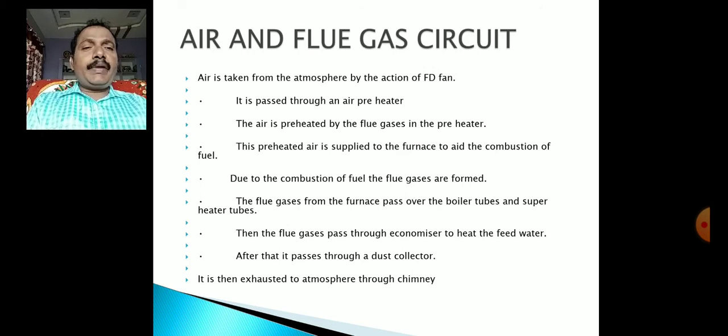So how is it preheated? With the help of flue gases that are coming out of the boiler. Those flue gases will heat the air. This preheated air is supplied to the furnace to aid the combustion of fuel.